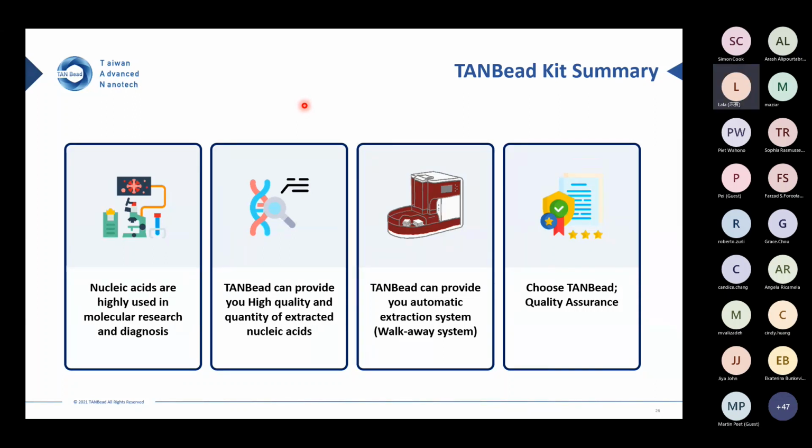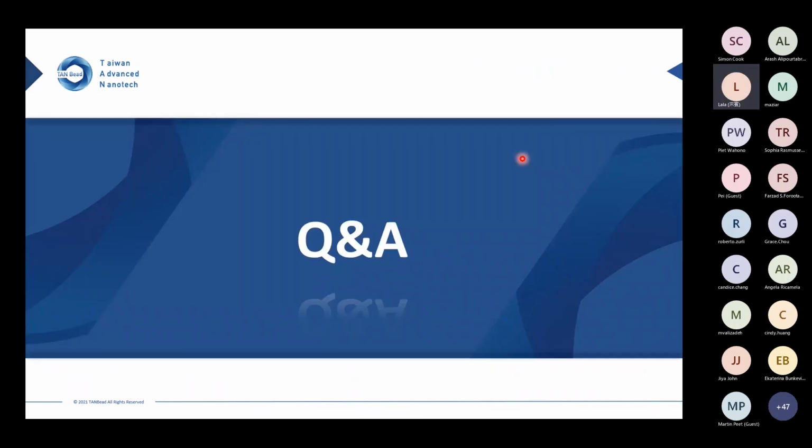And we also had looked at how TANBead can provide high quality and quantity of extracted nucleic acids, especially when coupled with the automated extraction system. And when you do choose TANBead, we will send you products of assured quality. So that is the end of the presentation for today.